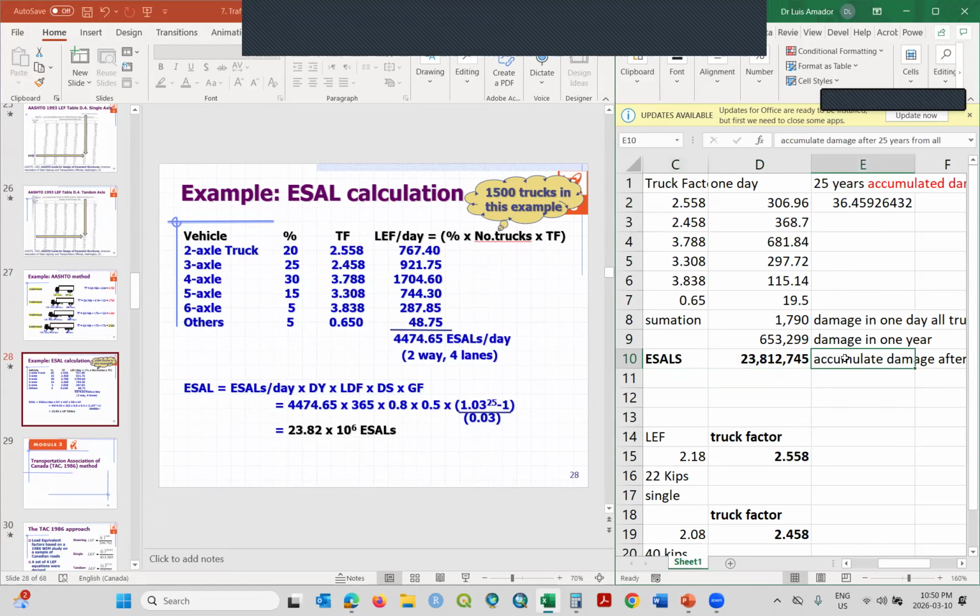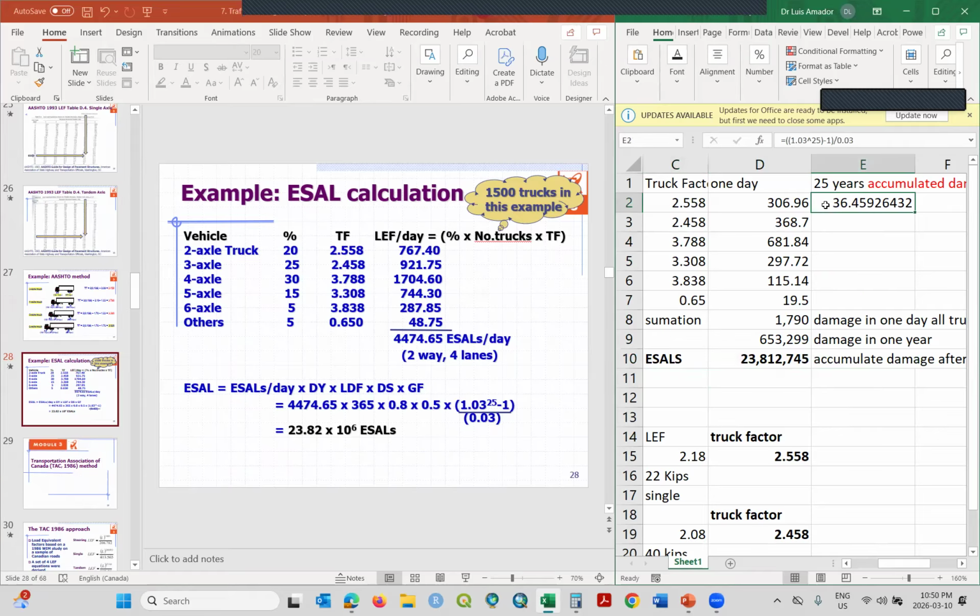This is your damage after 25 years because you accumulate. So the 36 is telling you how to take 1 year and accumulate that initial year that is growing at 3% every year and make the total summation, so the accumulation in 25 years. This is what you use for the pavement design.